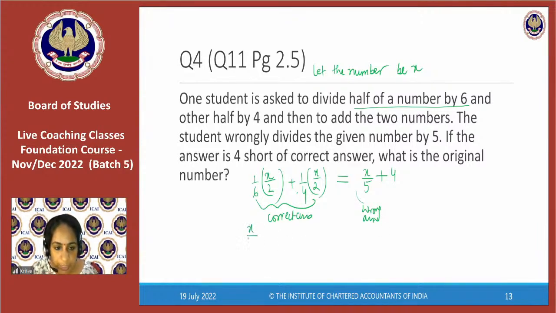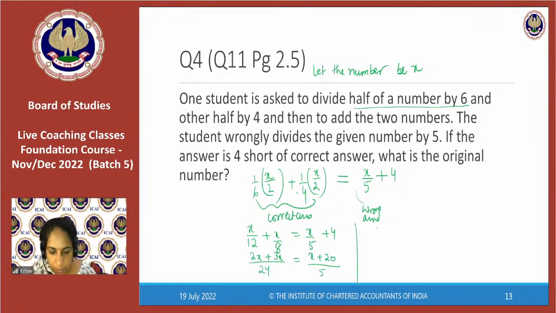So x by 12 plus x by 8 is equal to x by 5 plus 4. Take the LCM 24. So 2x plus 3x is equal to, LCM taken 5 here, x plus 20. Solve it. 5x by 24 is equal to (x plus 20) by 5.